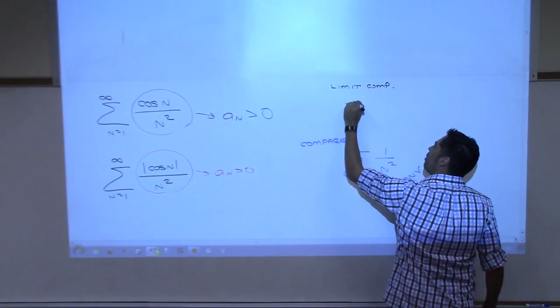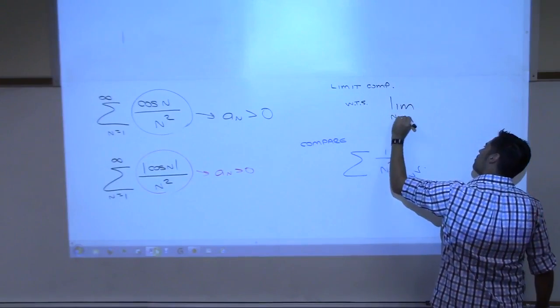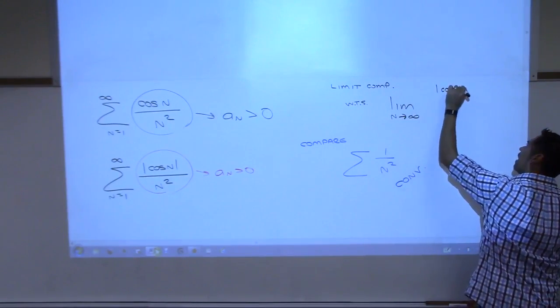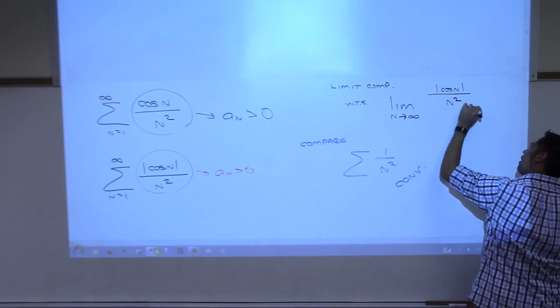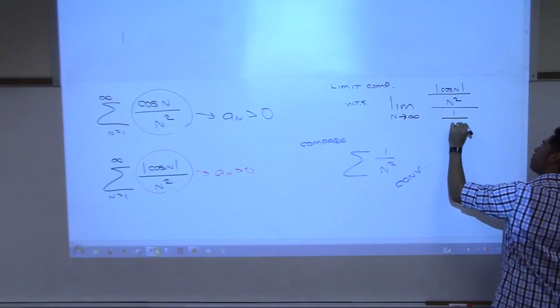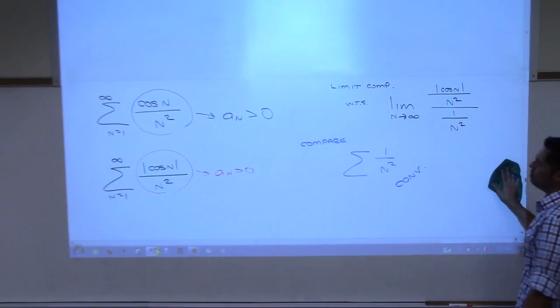And I want to show that the limit as n goes to infinity of a sub n, which is the absolute value of cosine n over n squared, over 1 over n squared, is a constant. Is it? What does that turn into?